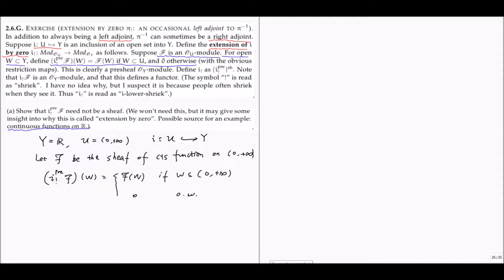Now let's show this is not a sheaf. We decompose R into 2 open subsets, one from negative infinity to 1, and second from 0 to positive infinity. And we consider 2 functions. The function f1 is the zero function taken from the sections over the interval from negative infinity to 1.